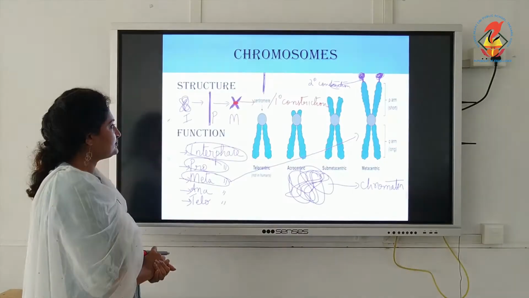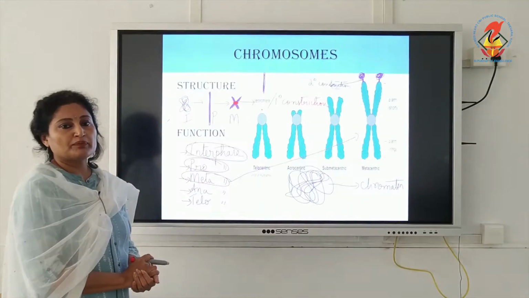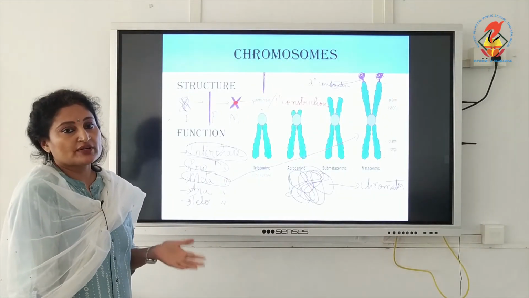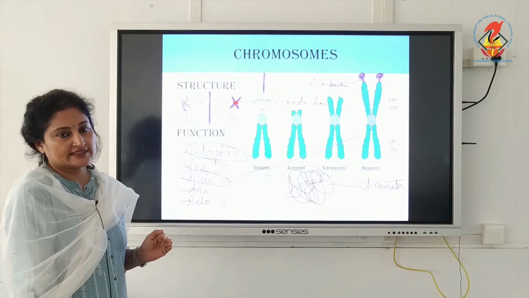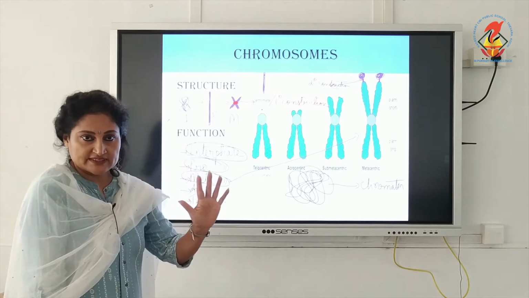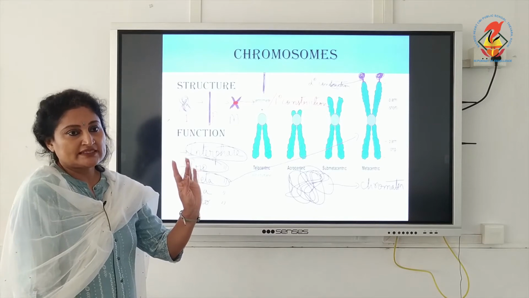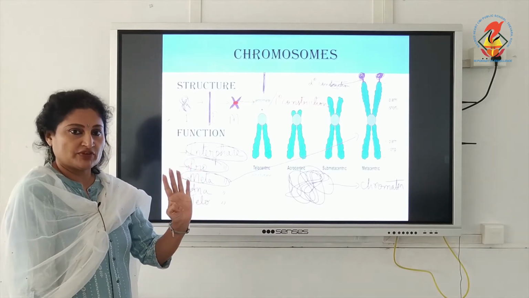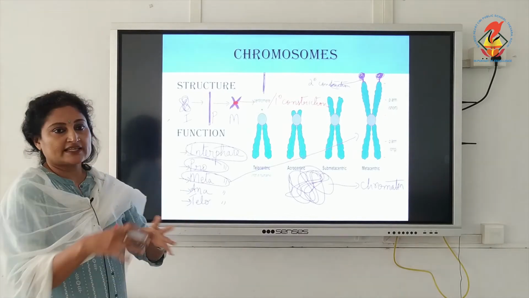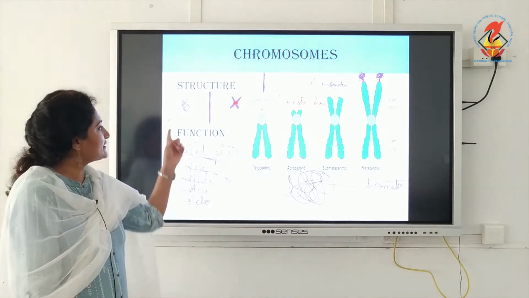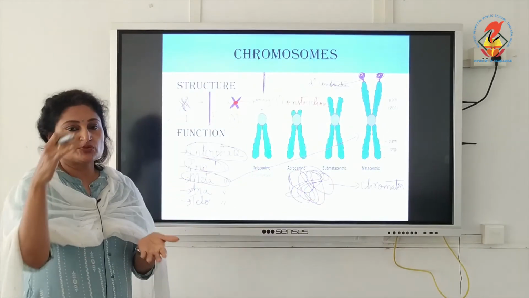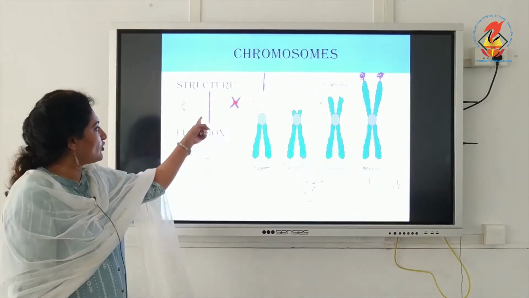So once again, the chromosome appears in different shapes according to the stages of the cell cycle. The five stages of the cell cycle are interphase, prophase, metaphase, anaphase, telophase. In the interphase, it is like an entangled network called chromatin threads. As we proceed to prophase, it condenses and becomes rod-like.